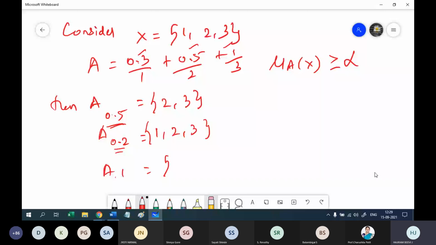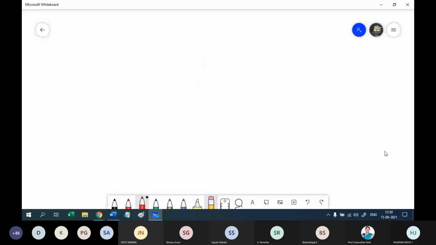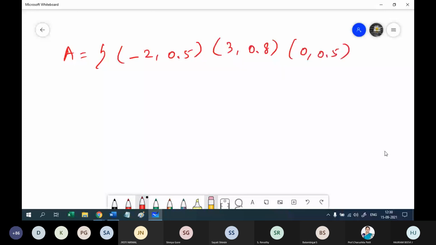Okay, then strong alpha cut. Strong alpha cut value is 0.5.